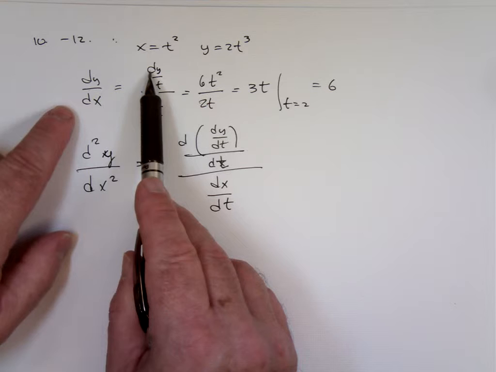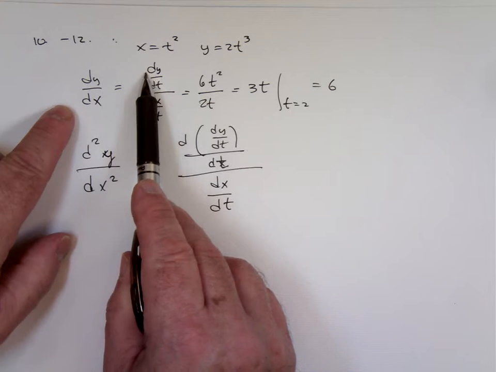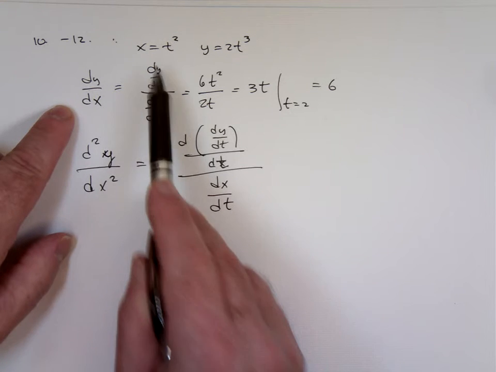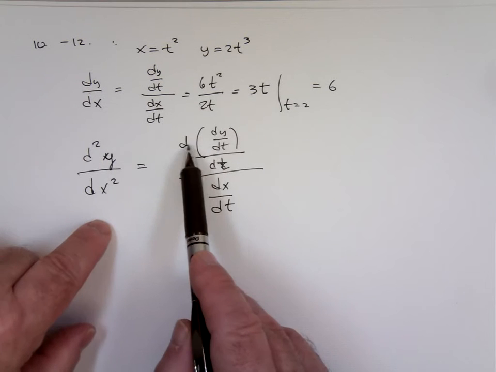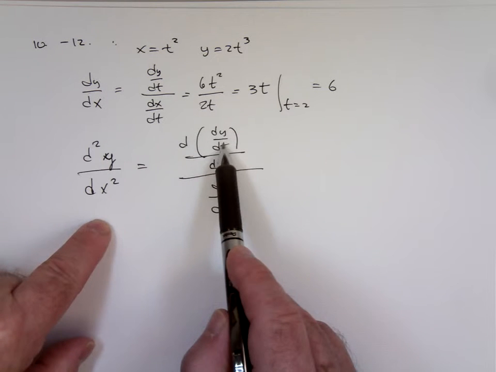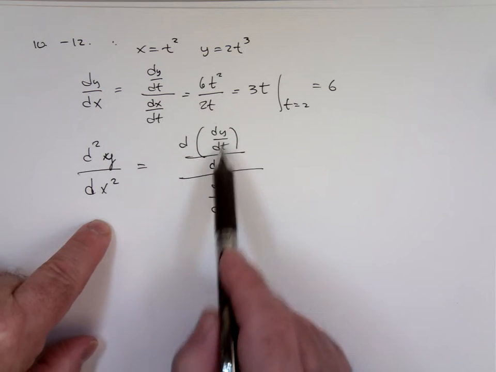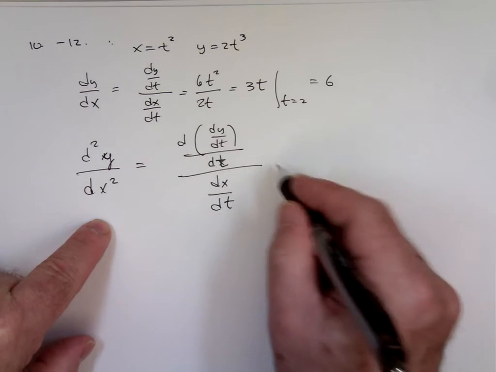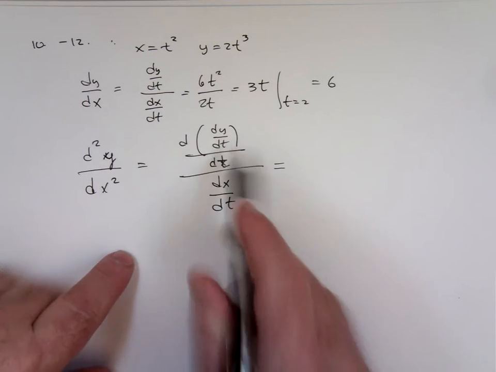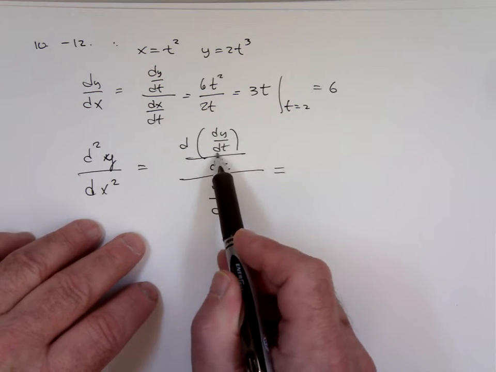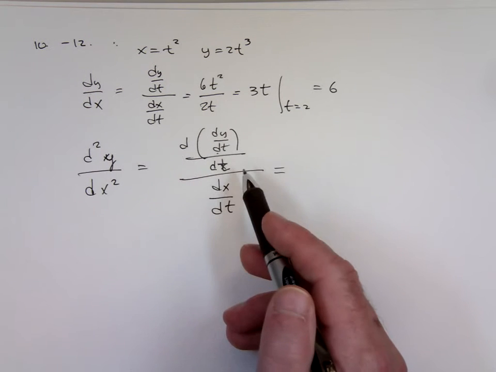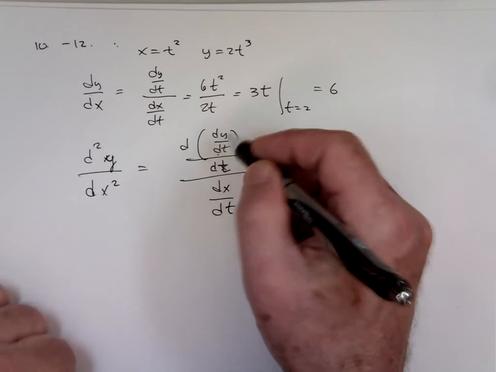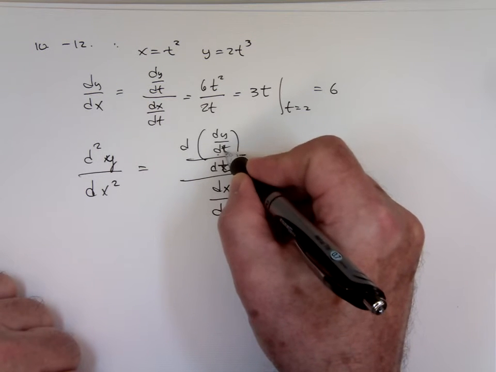Here we want the first derivative, which is the derivative of y with respect to x. Here we want the derivative of the first derivative with respect to x. So that's what we put in here. Instead of a y, the first derivative. So take the derivative of dy/dx.